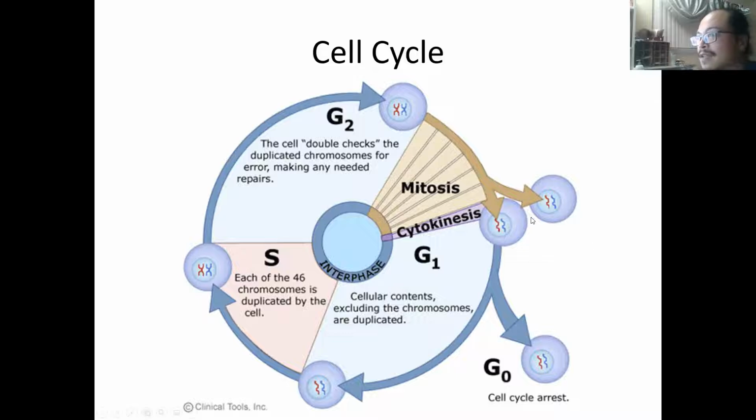For example, the stem cells for the blood remain in this cycle in the bone marrow. And once there is a need for either white blood cells or red blood cells, these cells will start to differentiate into white blood cells or red blood cells to serve their function. In that stage, we call it G0. So a fully differentiated cell is a cell in the stage of G0.